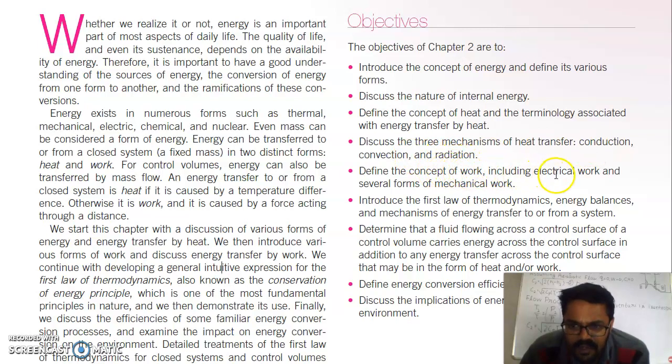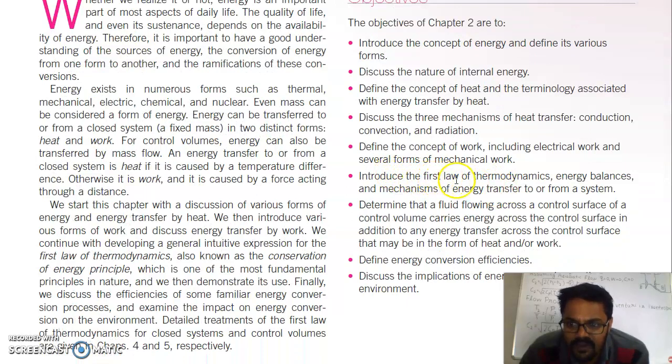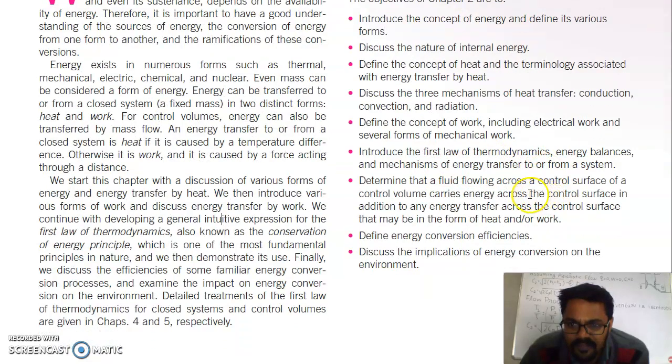Concept of work, including electrical work and several forms of mechanical work. Introduce the first law of thermodynamics, energy balances, and mechanisms of energy transfer to or from the system. Determine that a fluid flowing across a control surface of a control volume carries energy across the control surface in addition to any energy transfer across the control surface that may be in the form of heat and or work.